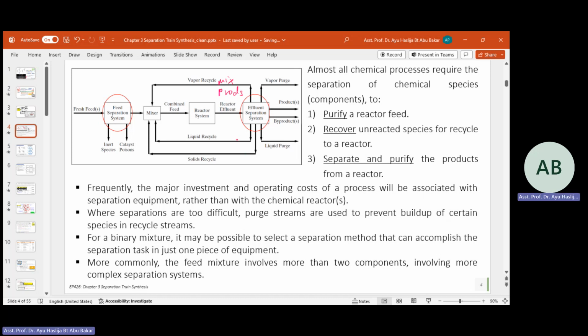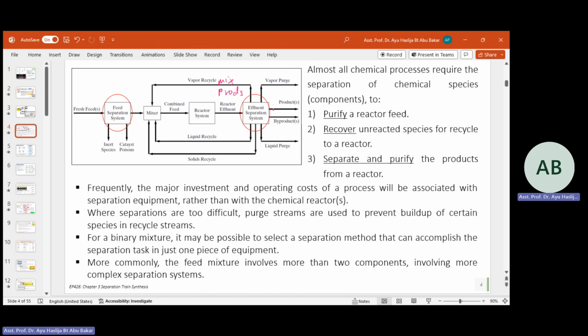From here you will have mixtures of products. As I mentioned earlier, byproduct, main product, unreacted reactant, catalyst, waste. So you need to separate them. How to separate them and the purpose to separate them.